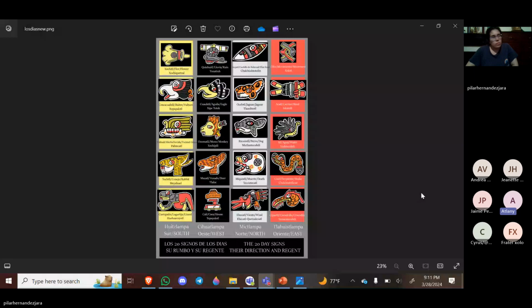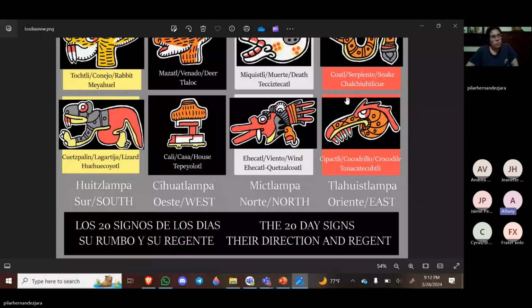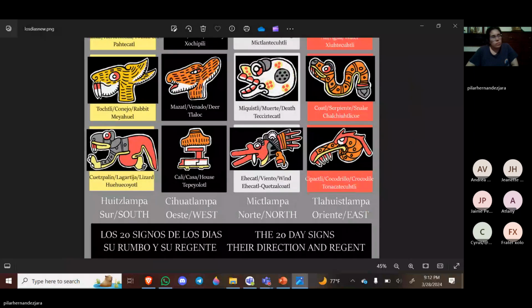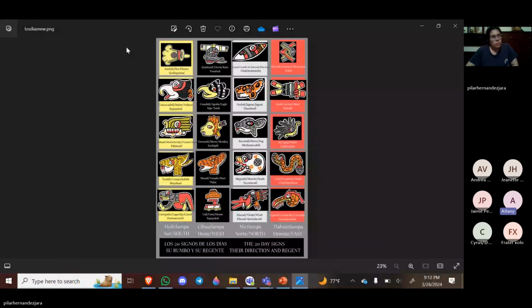You guys will notice that the first tonal is Zipaktli, which is the crocodile, and the last one is a flower, Xochitl, right? There's a reason behind that. It basically shows the beginning of life, which is one of the things that Zipaktli represents. And it also represents the flourishing of the person following this.